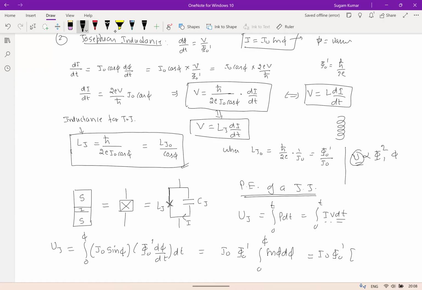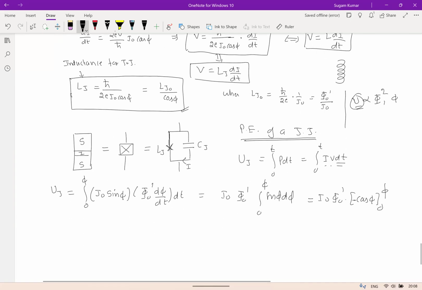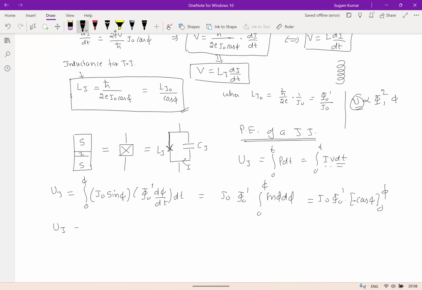And this is going to become I naught and phi naught dash times cos phi with a minus sign, from 0 to phi. And one more step, and we are here already. This is going to become Ej times 1 minus cos phi.